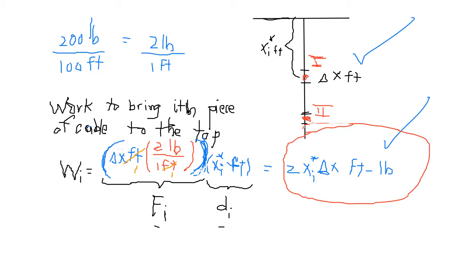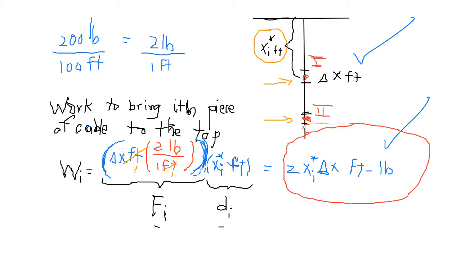Well, they're using xi here because, you see, xi. It's a good question. X sub i is going to vary based on where your piece of cable is located. But you see what they're going to do.